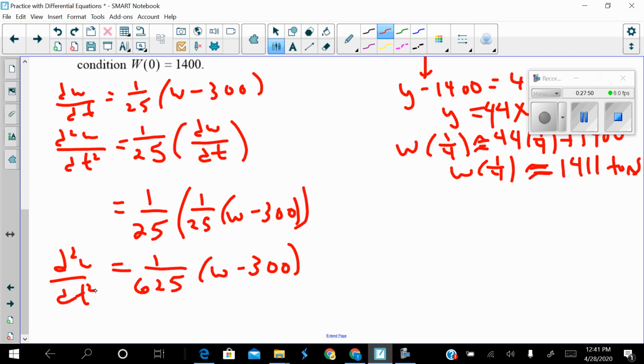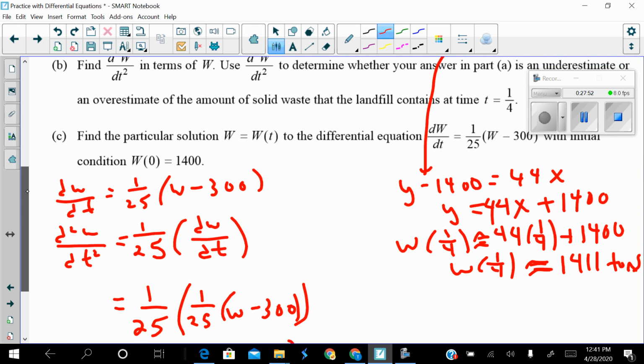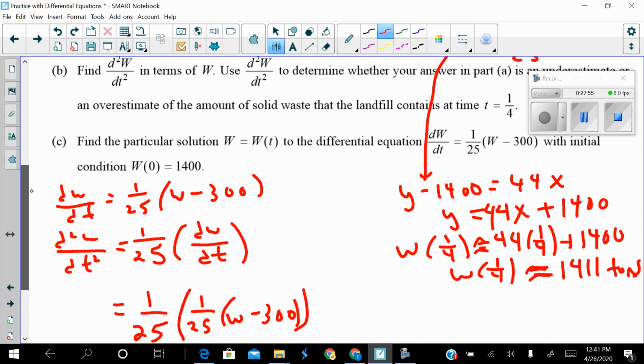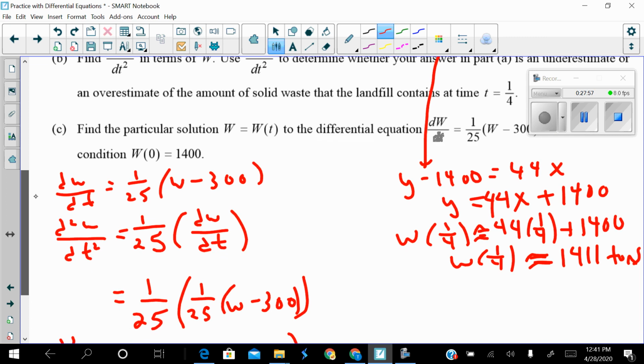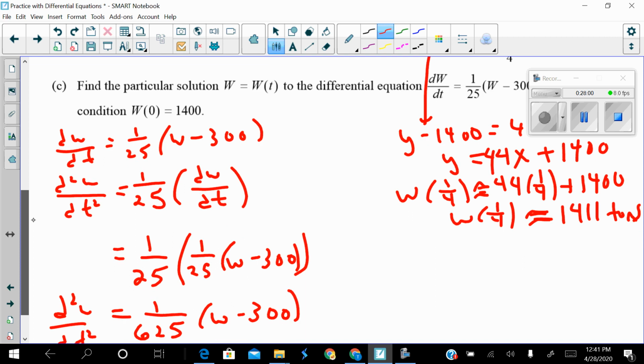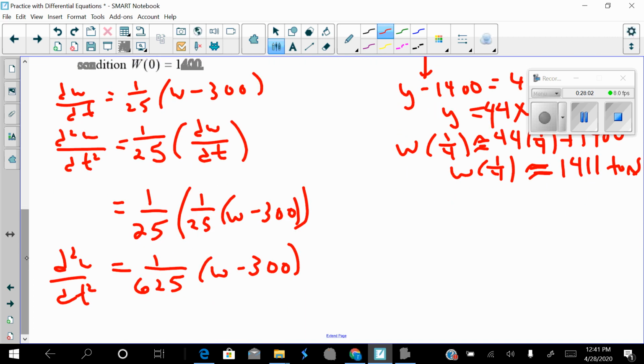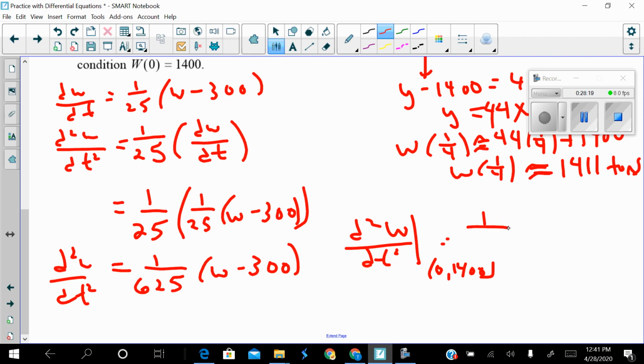Okay, so they wanted us to get the second derivative. We did. And then they want us to determine if our tangent line approximation was under or over. So we got to see if the graph was concave up or down where we drew the tangent line. So when we evaluate the second derivative when t was 0 and W was 1400, we have 1/625 times 1400 minus 300.